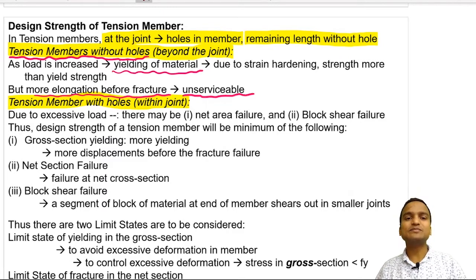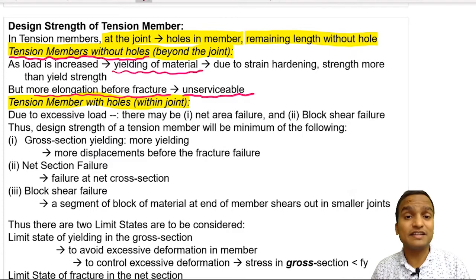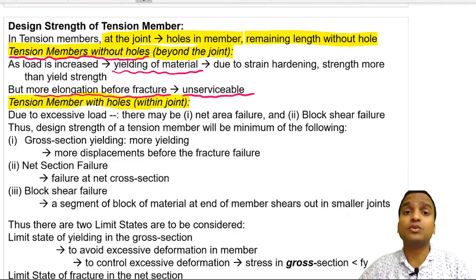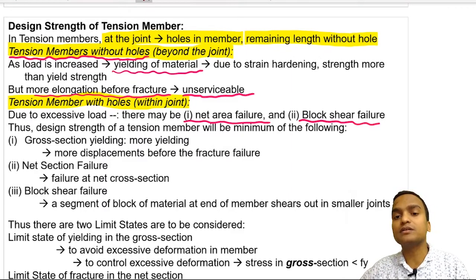Alright. So the first failure in tension members is the yielding of the section. And which type of section? Gross section, because there are no holes. And the second type of failure occurs in the tension members with holes. When we go on increasing the load, there may be net area failure or there can be block shear failure.